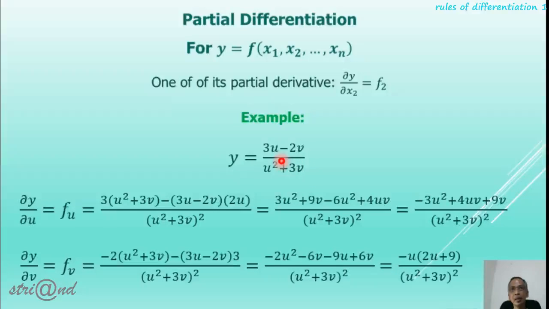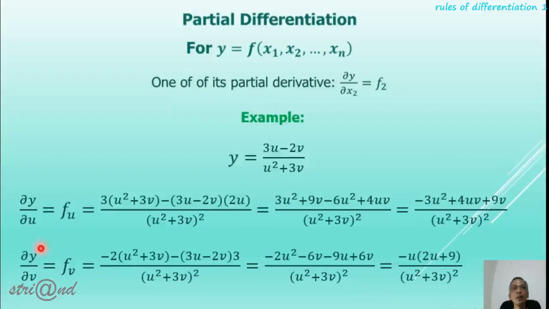So the derivative only comes from the u squared, and the derivative of u squared with respect to u is 2u, and then divided by the denominator squared, and then we can simplify this equation to get this result.